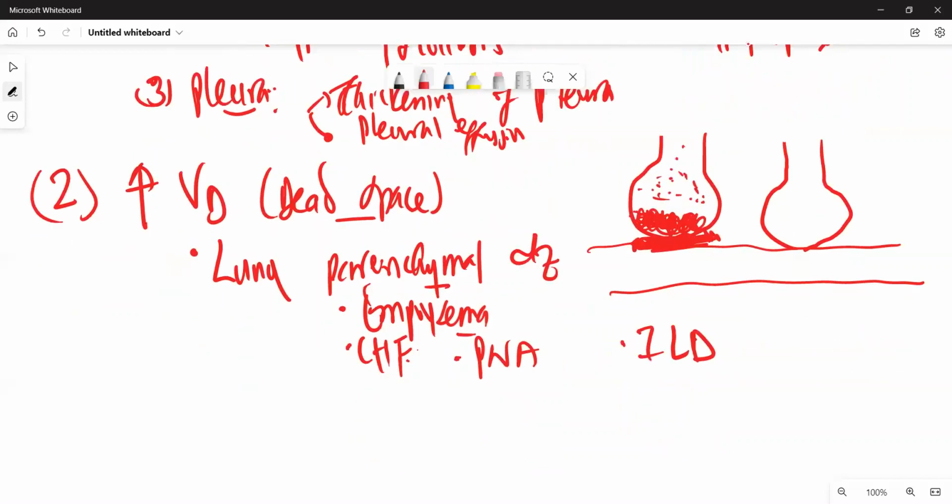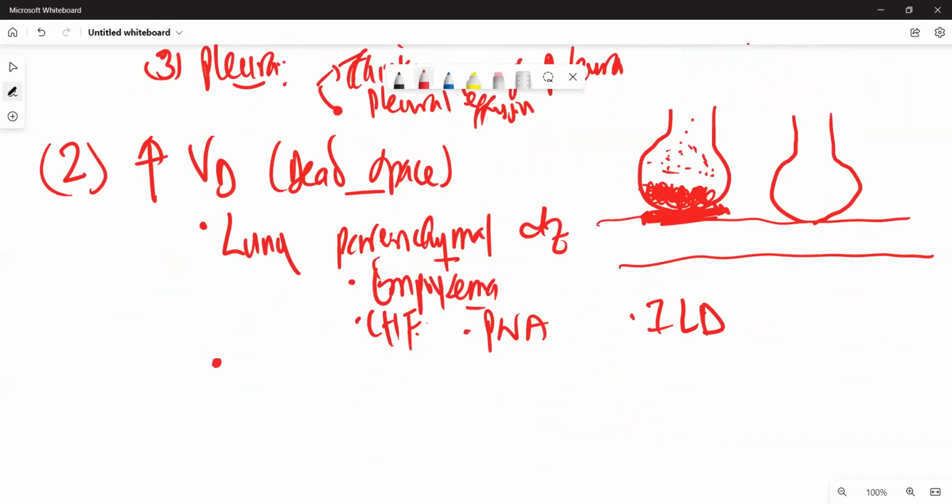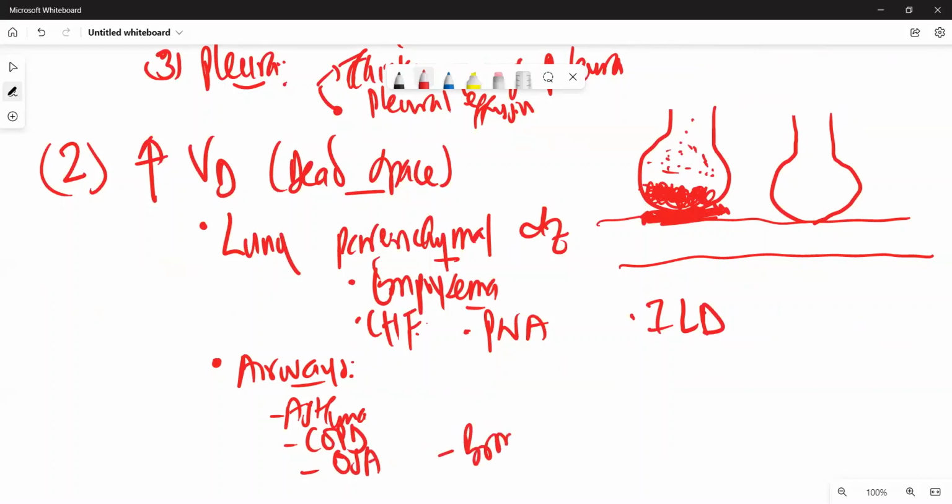The next one that can increase our dead space is airway disease, right? We think of all those things that can cause obstructive airway, like in the case of asthma, COPD, obstructive sleep apnea, or bronchitis.